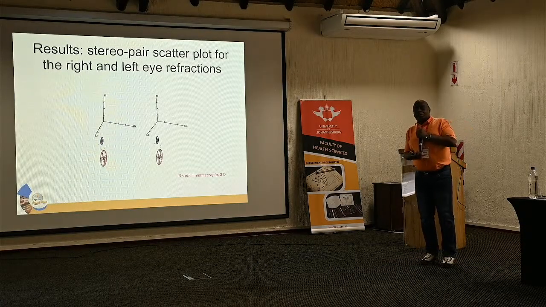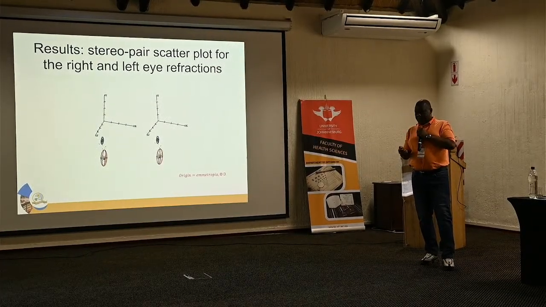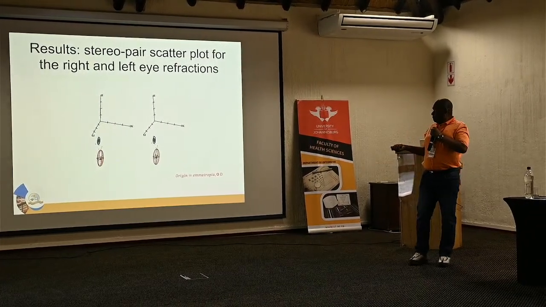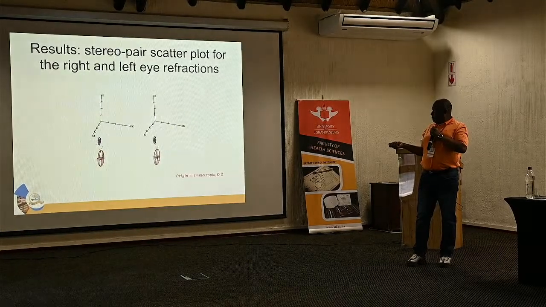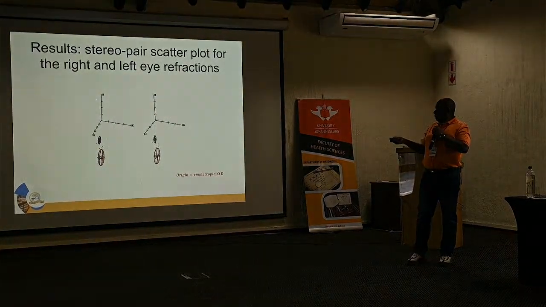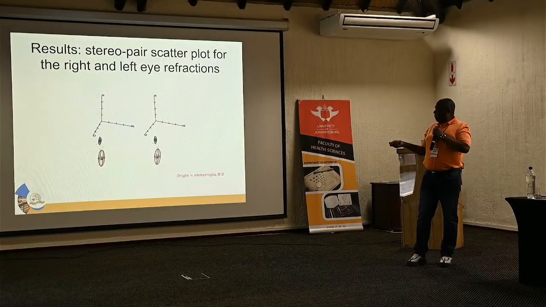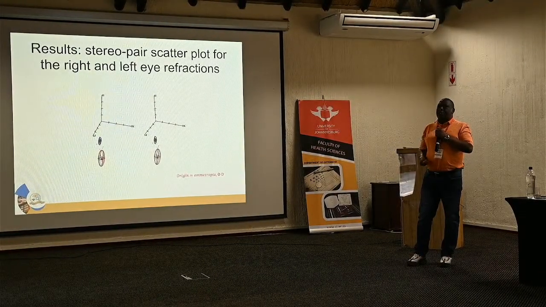If all these optometrists had obtained the same result, there should be only one point in the center. This is along that line, the zero mark, and then their powers are -4 somewhere there, -7 in there.